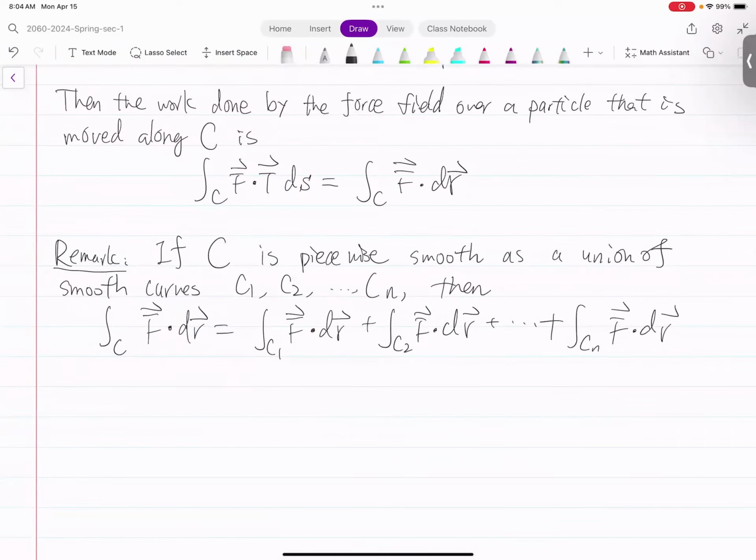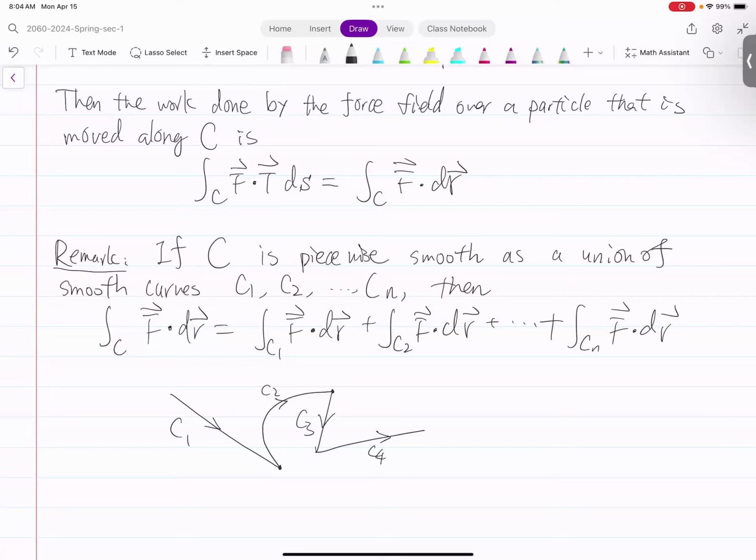So here we can have really piecewise smooth curves. So this could be C1 and then C2, and you travel along C3 and then finally C4. Okay.